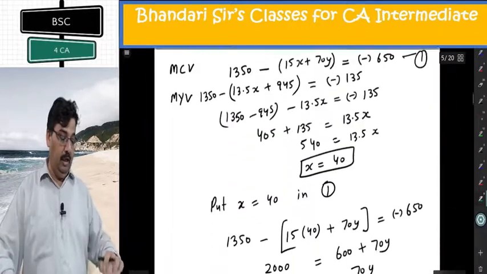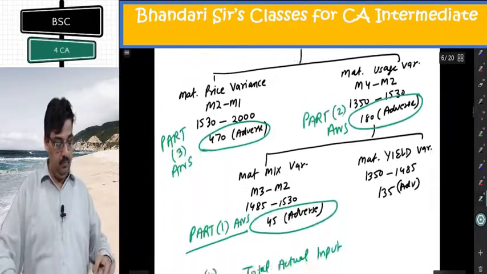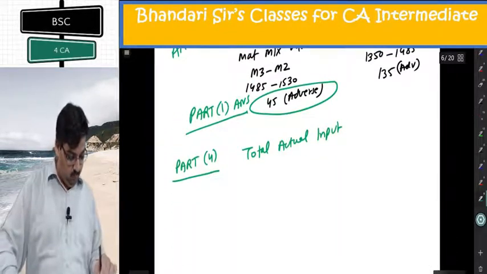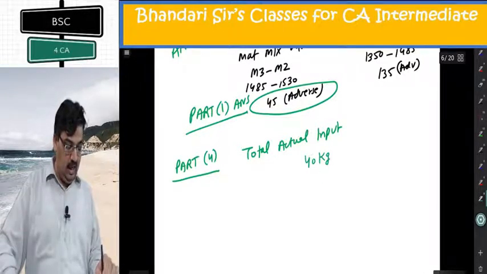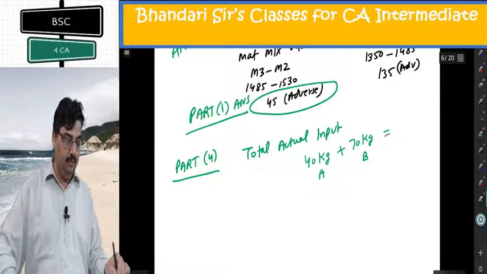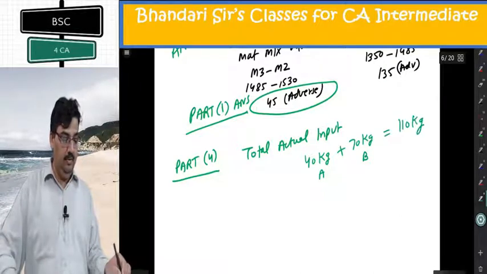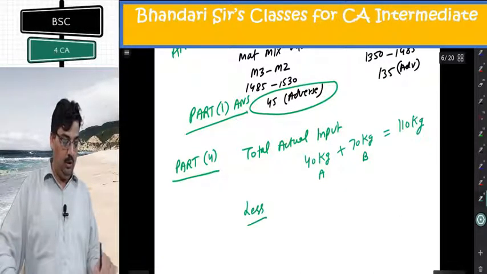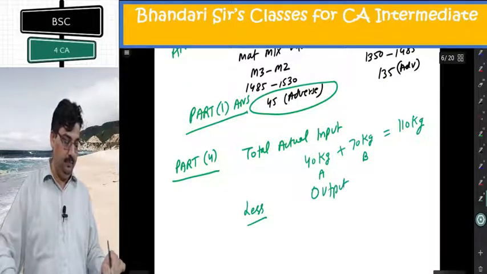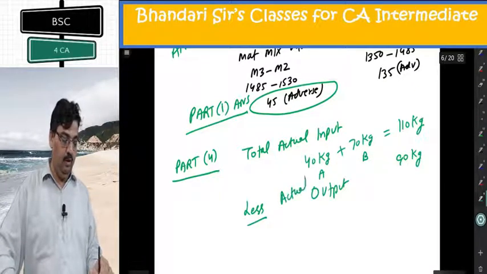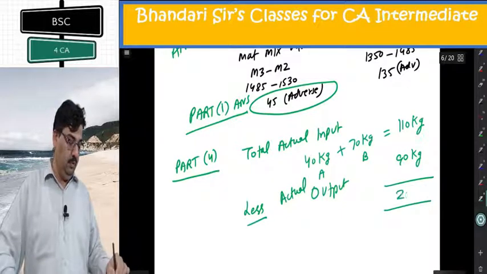A was 40 kg. 40 kg A plus 70 kg B, 110 kg, less output 90 kg, actual output given in question. Loss is 20 kg.